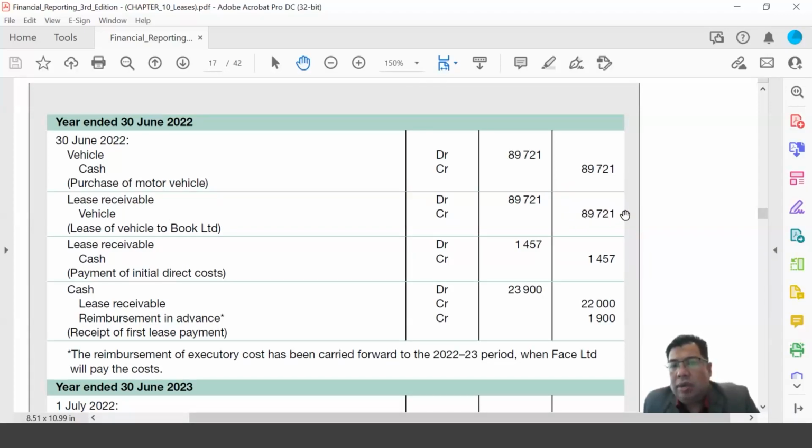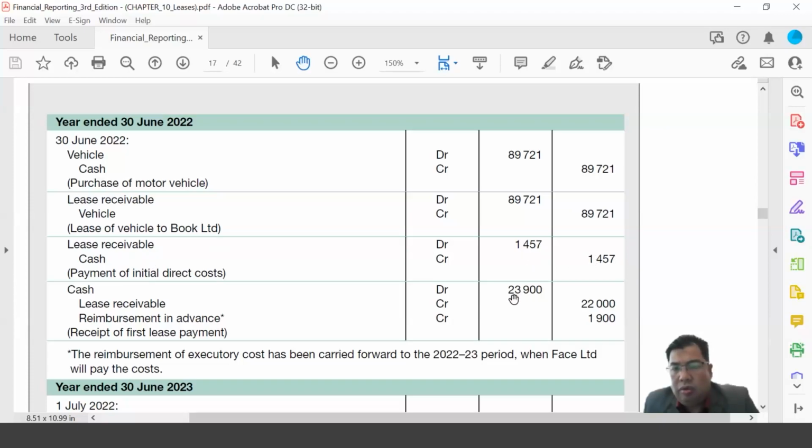So this is the removal of the recognition of the asset. And then you're going to recognize that 89,721 as your lease receivable. Lease receivable 89,721. And then we have payment of IDC, indirect cost, debit lease receivable, credit cash.